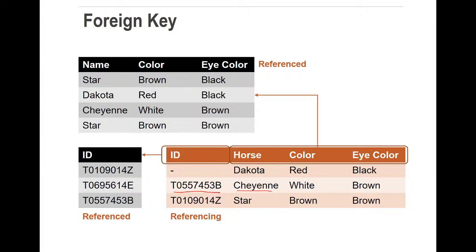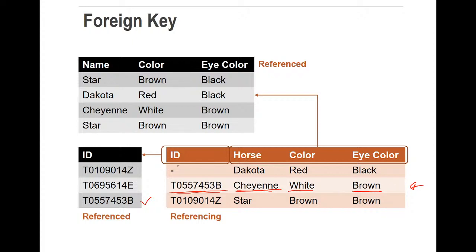We want to give a meaning to this table: the person with this particular ID, which is this person, owns the horse called Cheyenne with a white color and a brown eye color. That is what we mean by every row in this particular table.